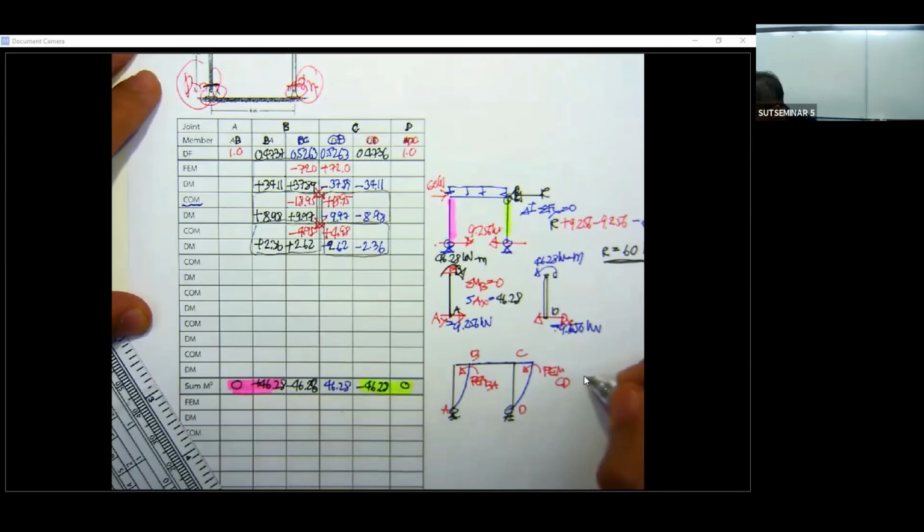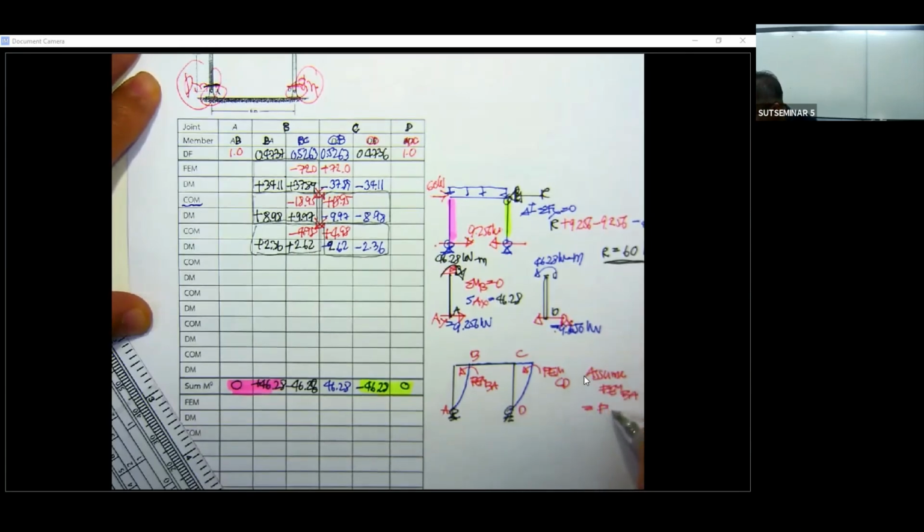You may assume fixed end moment BA is equal to fixed end moment CD, and that is going to be counterclockwise, right?